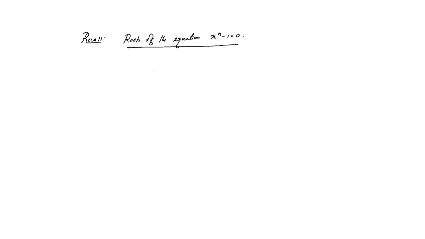Then we will think about the special roots. So if we write x to the power n minus 1 equals 0, that means we are trying to find the nth roots of unity. So what are the nth roots of unity? So that means we can write here.